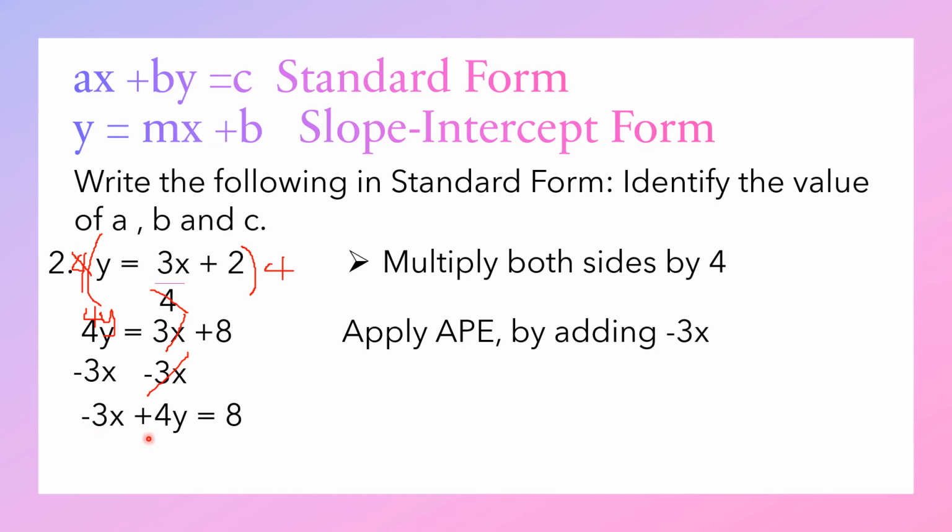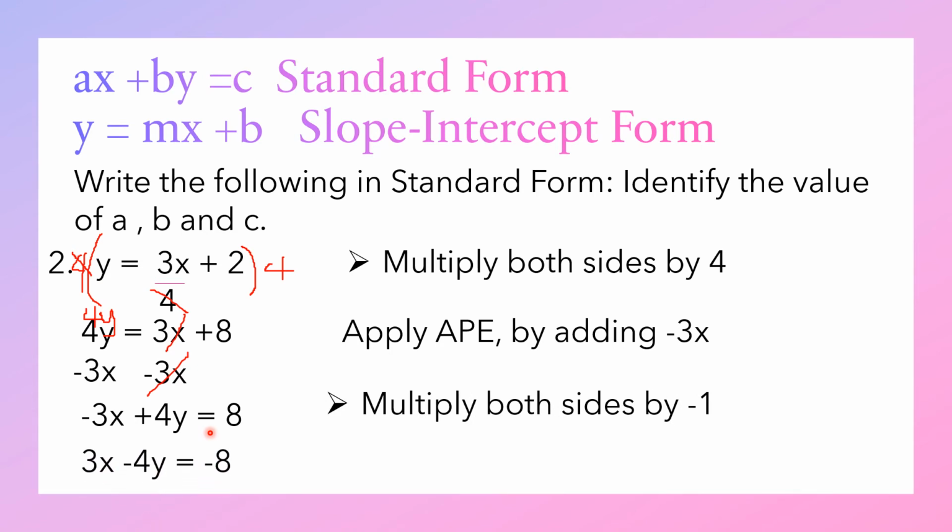At magiging negative na ngayon yung 4 at magiging negative na rin yung 8. So, multiply both sides by negative 1. So, it becomes 3x minus 4y is equal to negative 8 in standard form. So, A now is equal to 3, B is equal to negative 4, and C is equal to negative 8.